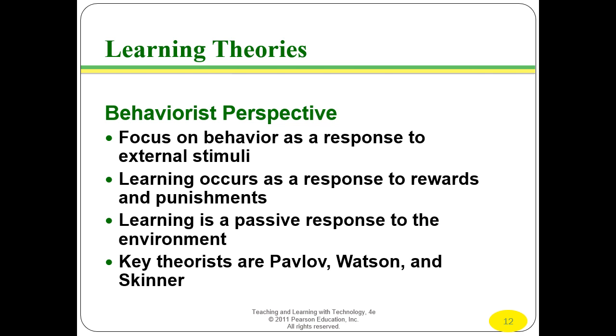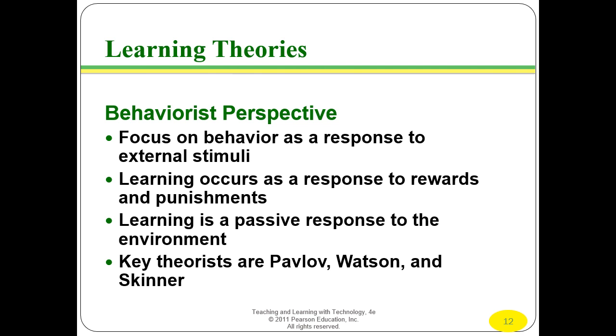The people who came up with this theory are some researchers, like Pavlov. You've heard about Pavlov's dogs, where he'd give them a treat to make them salivate, and then ring a bell. And then after a while, he started ringing a bell and not giving them a treat, and they still started getting hungry and salivating.